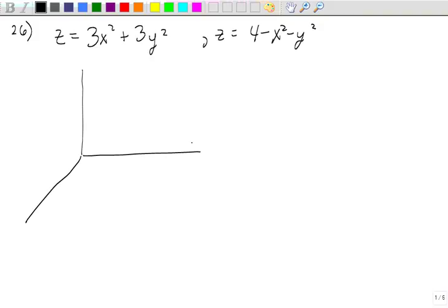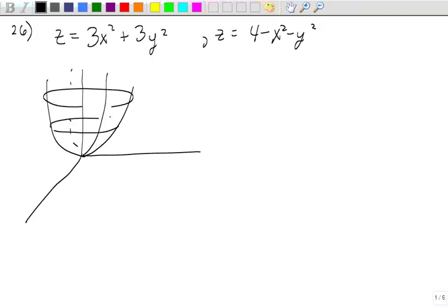The first one, I have 3x squared and 3y squared, so that's going to look like this in the back. Those are the level surfaces. And then in red, I'll do this one. That's an upside down parabola. So starting at 4, it's going to go upside down.